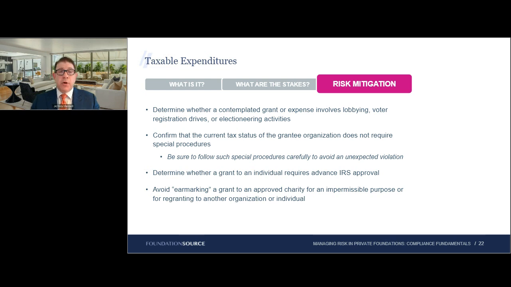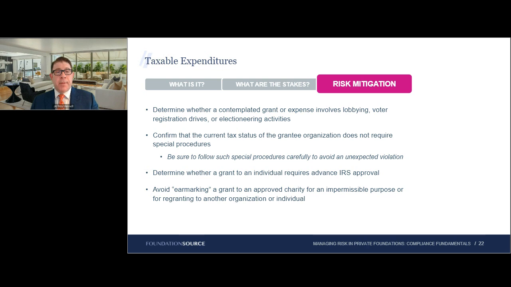Note that if special procedures like expenditure responsibility are needed, it's important to follow them to the letter perfectly, because a violation can result even if one small step is missed because the rules are strictly applied. For example, forgetting to report the grant on the foundation's annual return each year until the grant funds are fully spent down can result in a taxable expenditure, even if all the other procedures are followed perfectly, and you can't cure that by just filing an amended return.